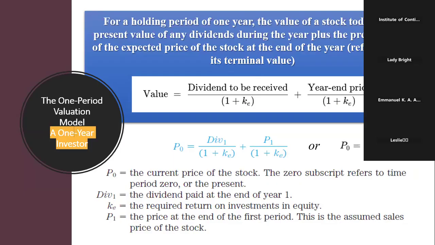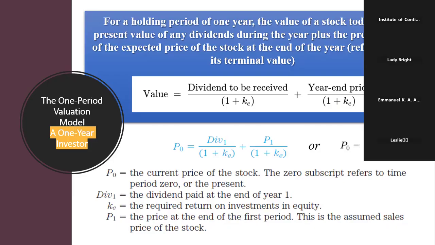The 1 period valuation. For a holding period of 1 year, the value of a stock today is the present value of all or any dividends during the year plus the present value of the expected price of the stock at the end of the year. So in value, you have the dividend to be received discounted, plus the price at the end of the year also discounted, and that will give you your present value.